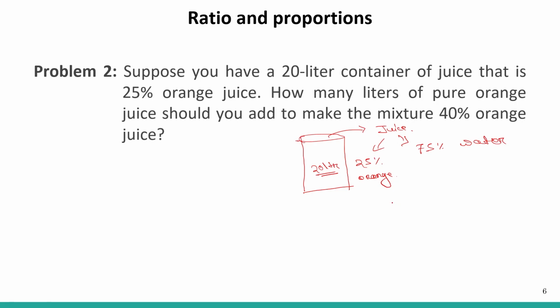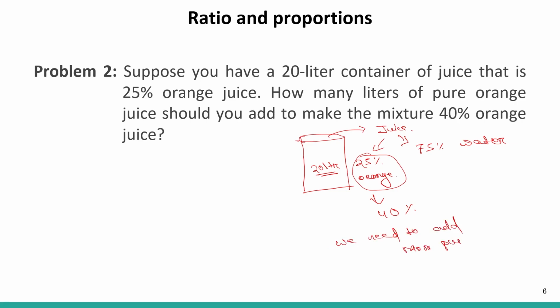What we want to do is increase the percentage of orange in the juice from 25 to 40%. So what we need to do is add more pure orange juice.